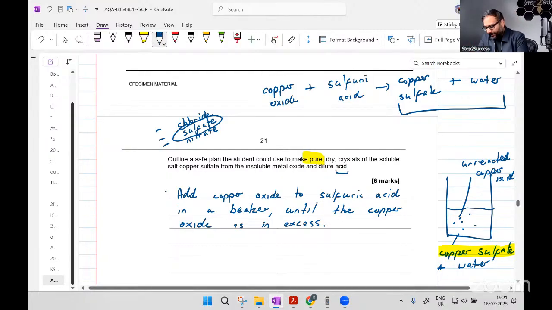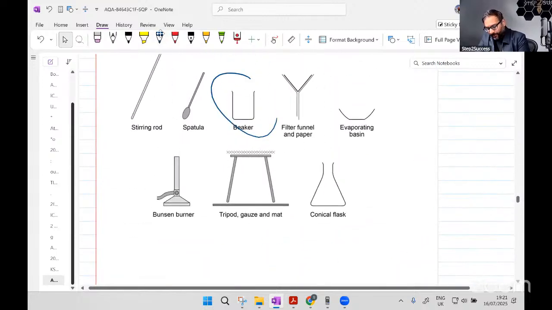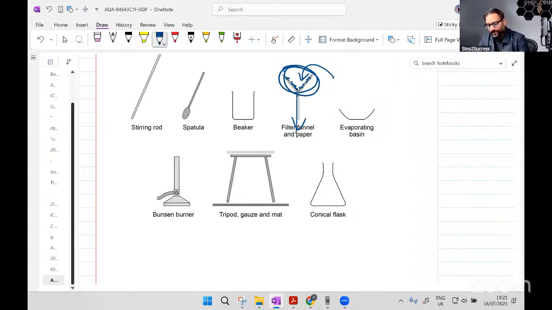So now what we have to do is gradually get rid of the things that we don't want. So what we're going to do, because copper oxide is a solid, it's a powder, we're going to use our filter funnel and filter paper to pour our solution into there. And what's going to happen is that the copper oxide that we didn't use is going to stay up here and the rest of it's going to go down.